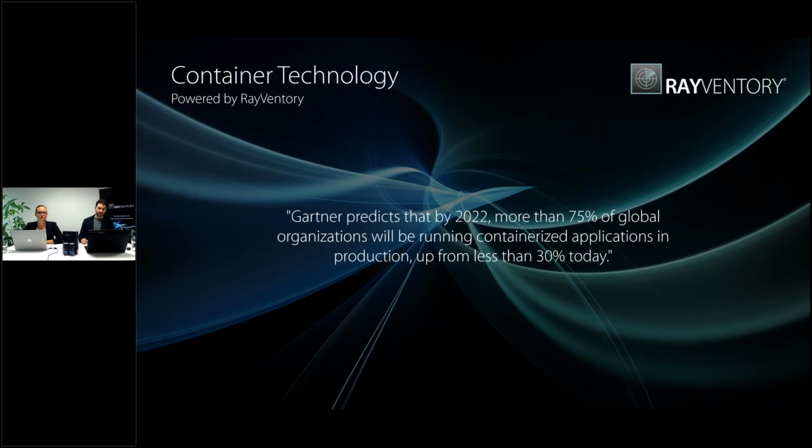The prediction of Gartner says that by 2022, a lot of globally acting organizations will have more than 75% of their applications containerized. And as of today, we have less than 30%. So there's a huge growth scale for it, and also a huge need to take care of these containerizations, especially for the SAM HAM part, to know what happens inside or what happens in general.